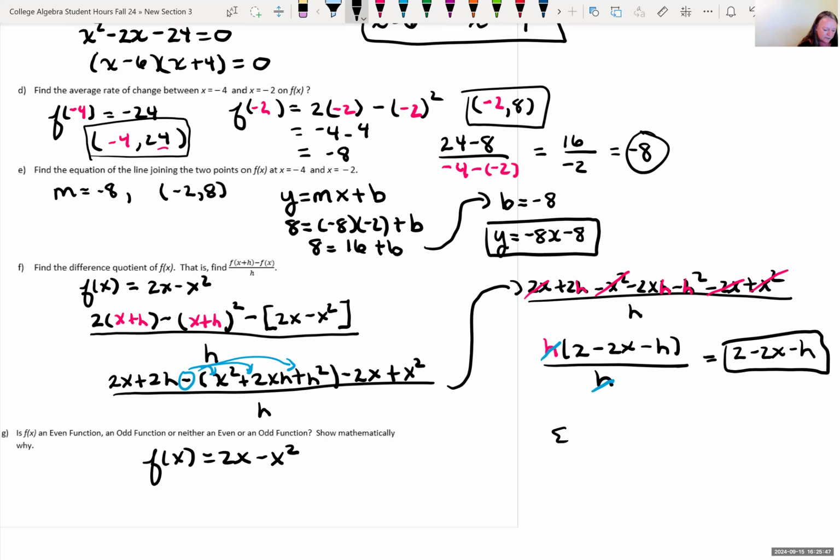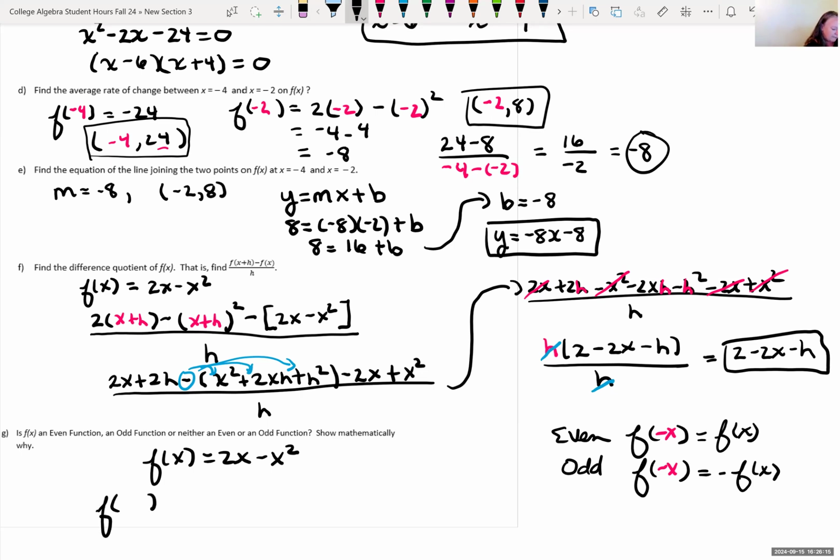If it's an even function, I know that f of negative x, plugging in negative x wherever I see an x and simplifying, I would get back my original function f of x. If it's an odd function, f of negative x would equal negative of f of x. So I notice both the even and odd functions both have f of negative x in there, so that's the first thing I would check.